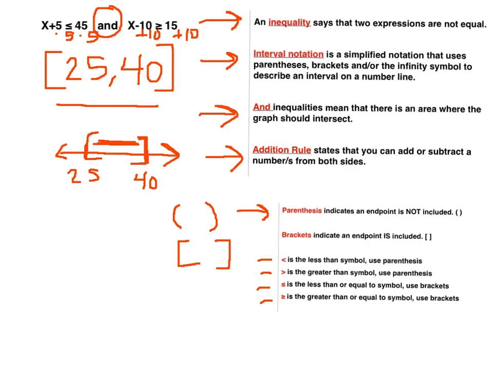Now let's solve the problem. To begin, we're going to solve each of these separately to get x by itself. So we can remember that the addition rule means that we can add or subtract numbers from both sides in order to get x by itself. So here, we're going to subtract a 5 from this side and also from this side, which will give us x is less than or equal to 40.